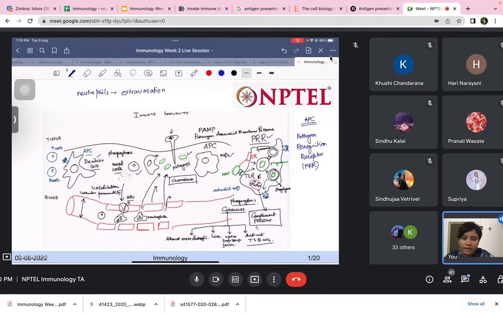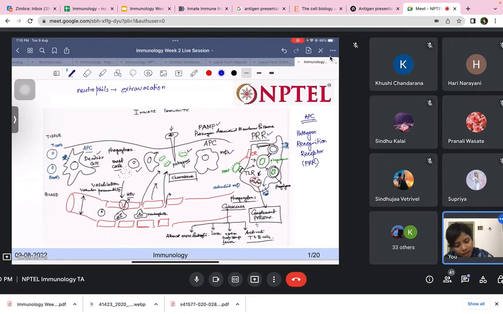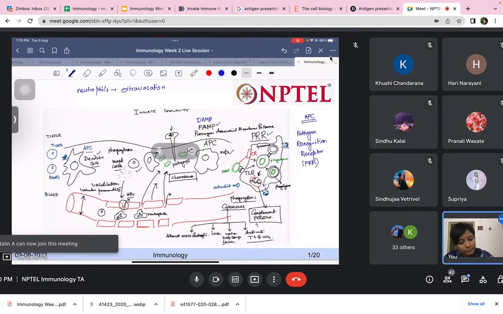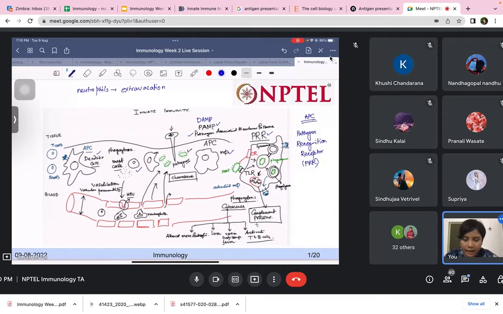These are borne on the surface of the macrophages, and they recognize PAMPs and also DAMPs. What are these PAMPs and DAMPs? PAMPs are pathogen associated molecular patterns.